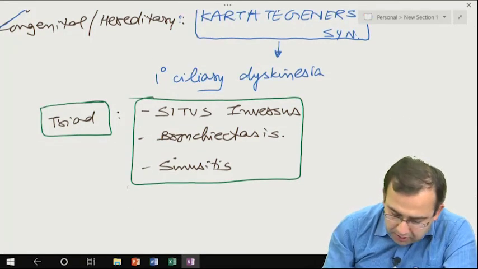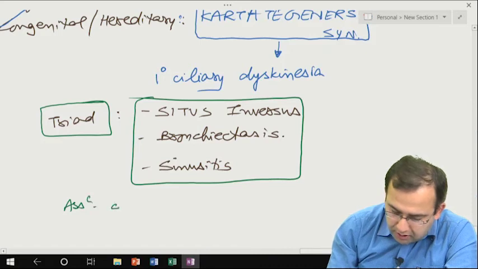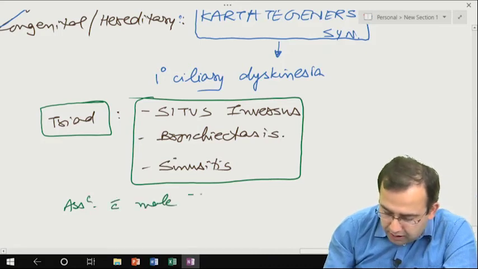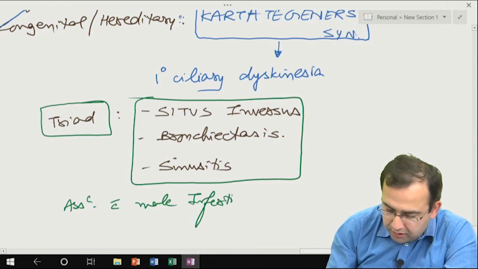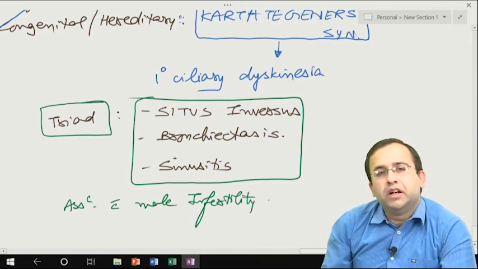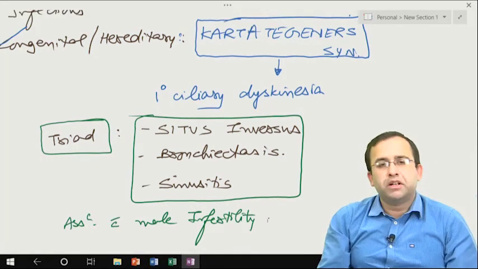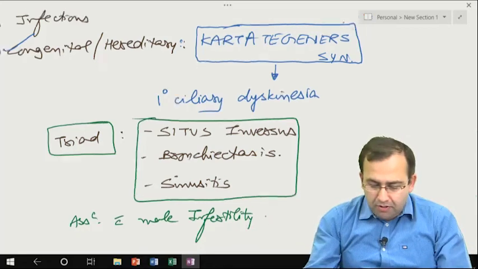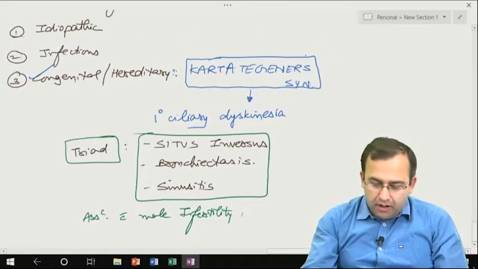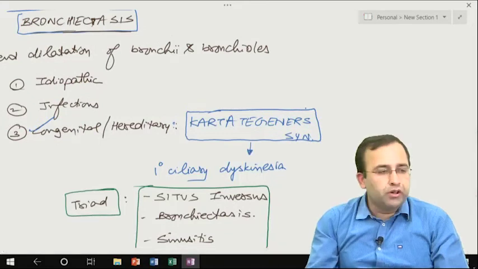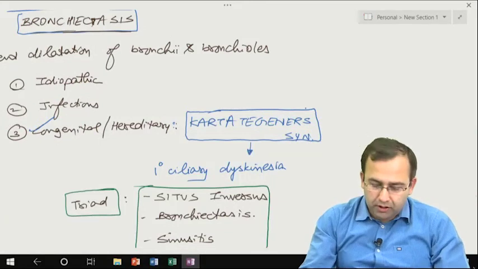Next point, it is also associated with male infertility. This is not a part of the triad, but Kartagener's is associated with male infertility. This is bronchiectasis.